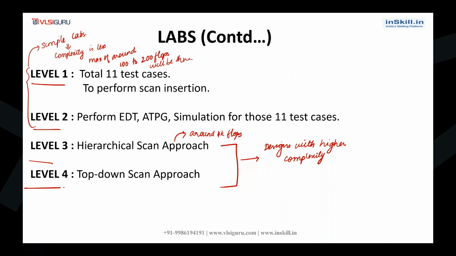And then level 4 projects, you will be having around 44K flops. So these level 3 and level 4 projects are the designs with higher complexity.